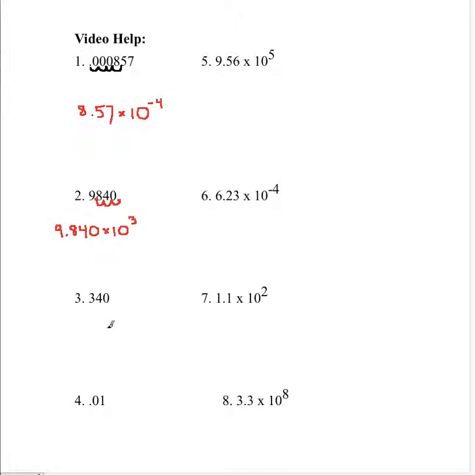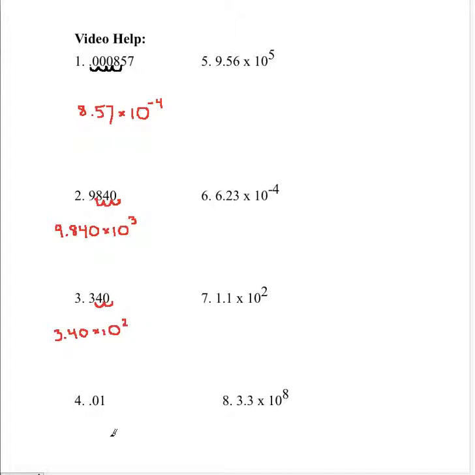Okay? Let's look at this next one. I've got 340, so I'm going to take the implied decimal right here and move it over 2 places, 1, 2. So my coefficient is 3.40 times 10. Now, I moved it over 2 places, and I made a big number, 340, smaller by making it 3.40, so it's going to be times 10 to the 2nd.